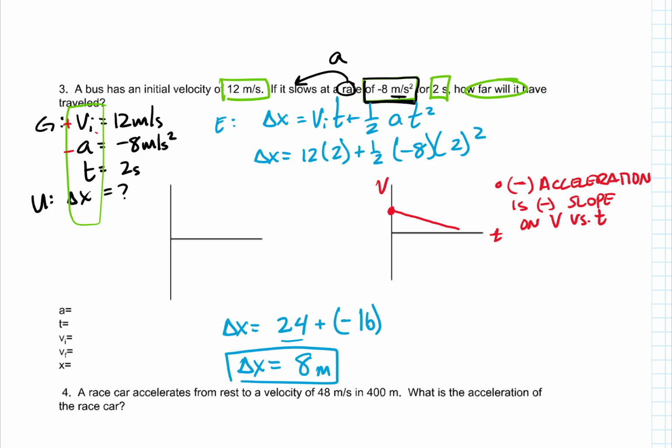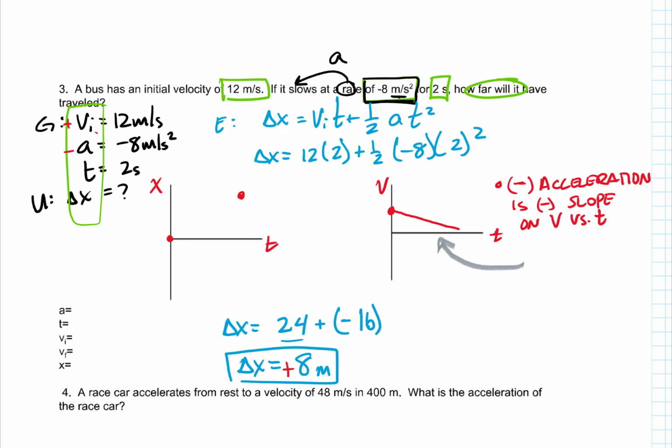Now, when we do the position versus time graph, all right, we're going to move forward, and this is a really important part. My delta x is positive 8 meters. So if I start here, I'm going to have to end somewhere up there because I'm moving forward. And that's what's important about this the whole time. We can see this on the velocity graph, right?